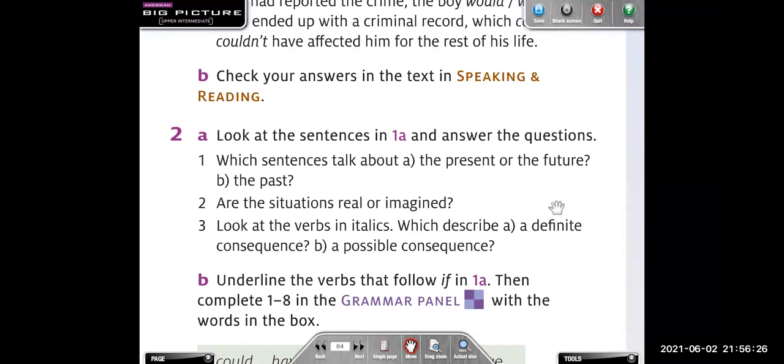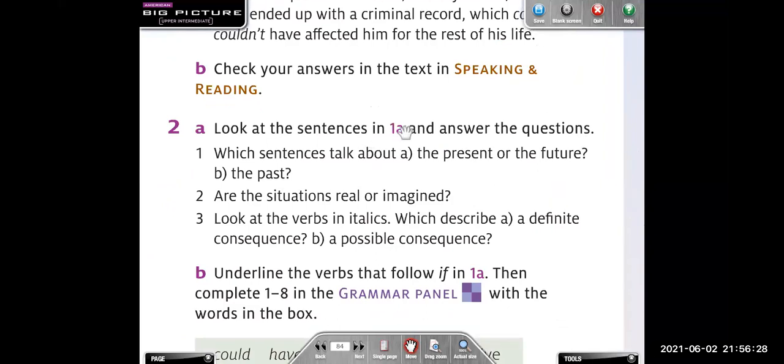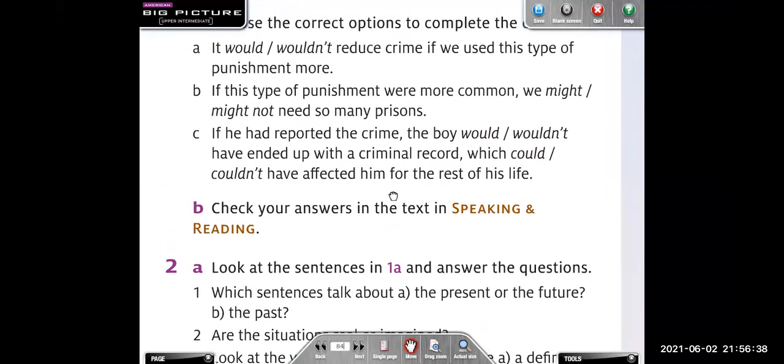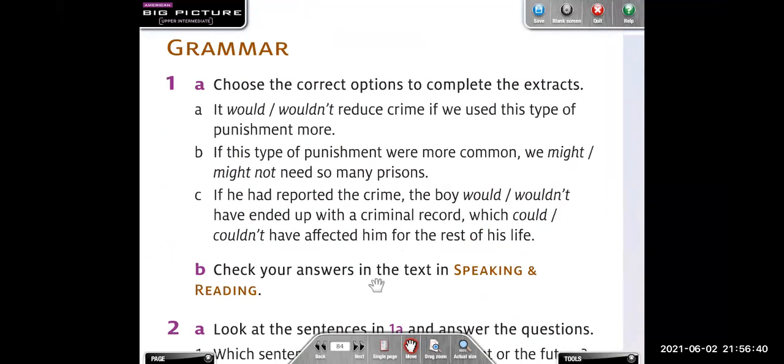It says, look at the sentences in exercise number 1 and answer the questions. Which sentences talk about the present or the future, and which of the sentences talk about the past? What do you think? A, B, and C. Which of them talk about the future or present, and which of them talk about the past?